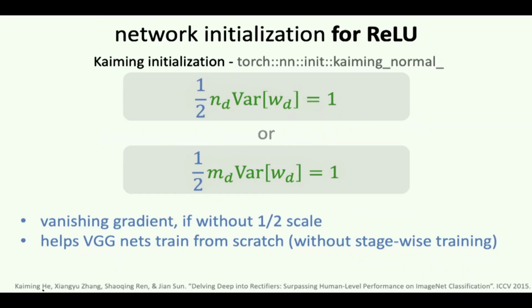The math might be a little bit messy, but effectively we can consider that all of these ReLU nonlinearities act as a reduction of variance by half. So now you just need to increase the variance by 2, multiplying this additional constant in the front, and this is called Kaiming initialization.